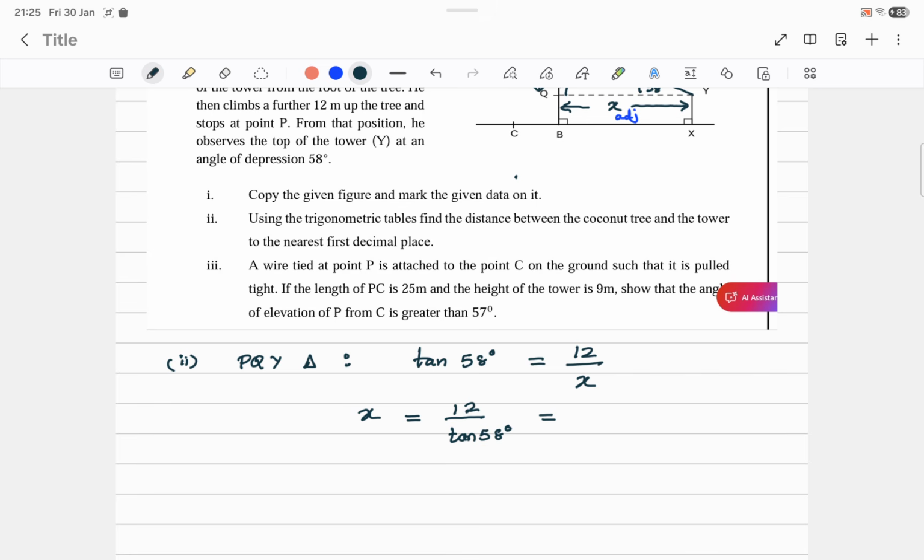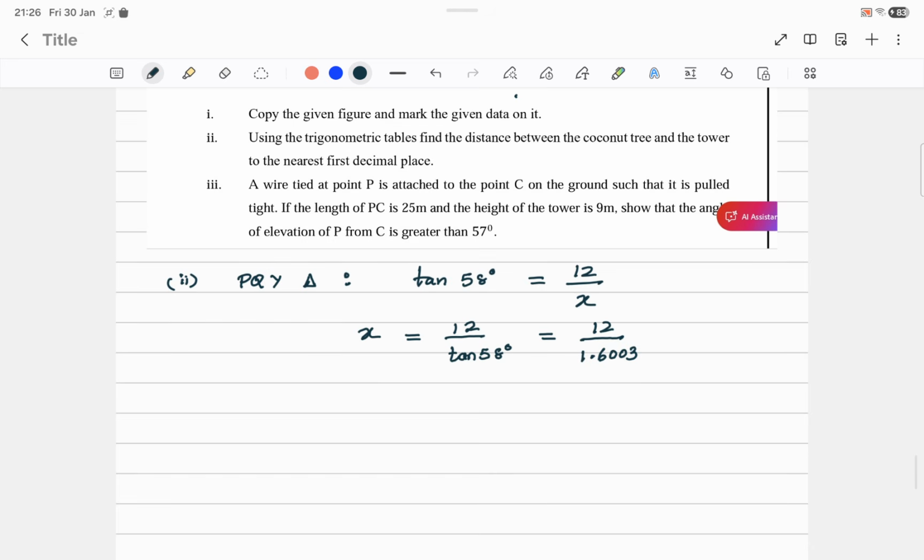The logbook, which is what? Tan 58 is 1.6003. So 12 over 1.6003. We want the answer to the first decimal place.